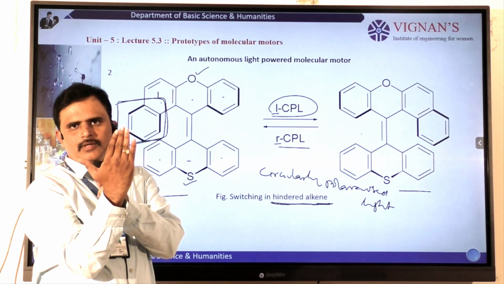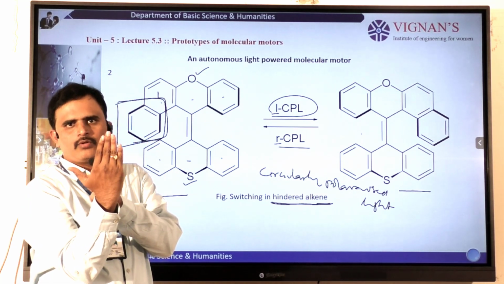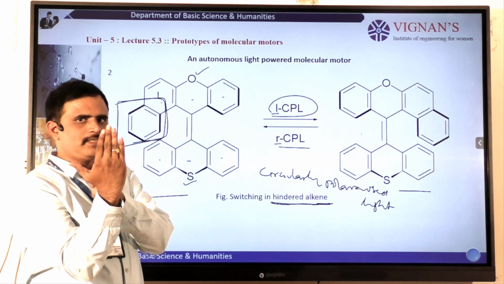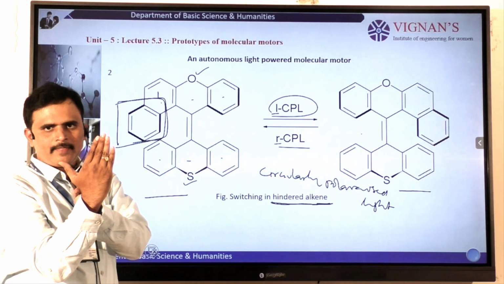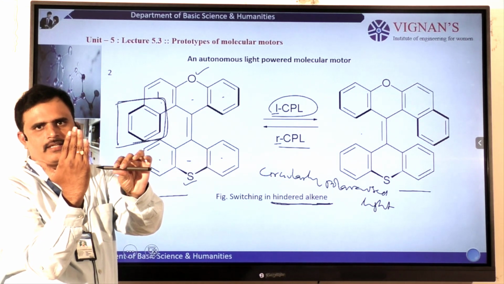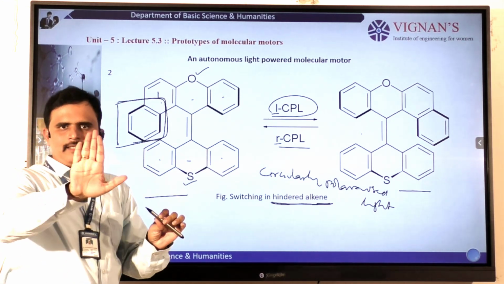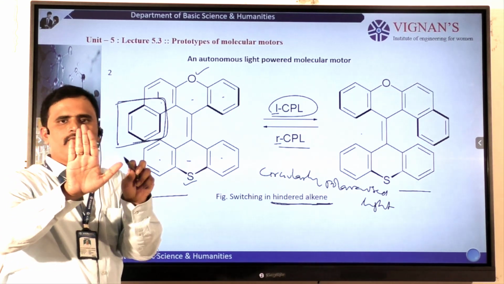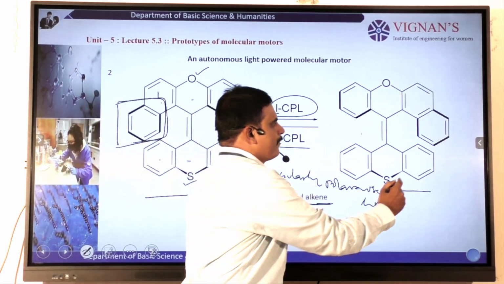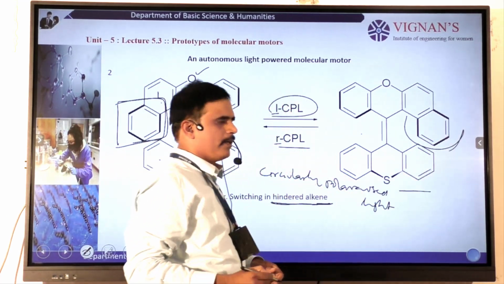This ring will be moving to another side. So this is the first molecule structure. This is considered as a thumb, and when we pass the light here, this molecule moves in this direction. So this side ring will come to this side. So this is the thing we observe here.